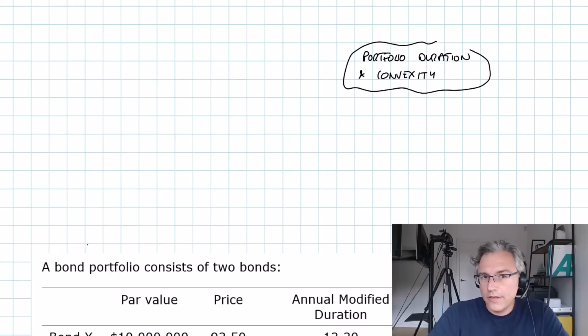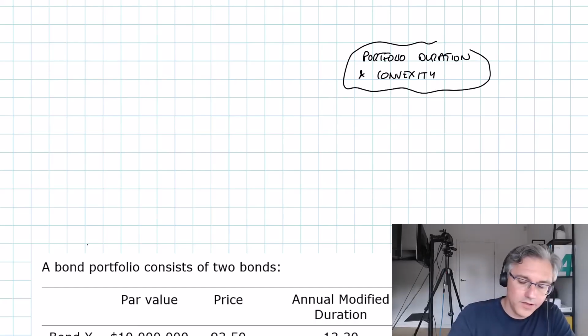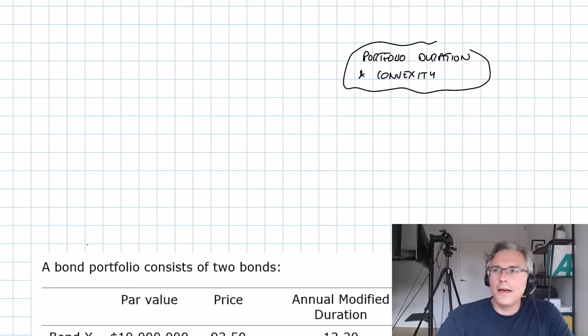In this lesson, we're going to discuss what happens to duration and convexity measures when analyzing not single bonds, but a whole portfolio of fixed income instruments. And there's more than one approach to computing portfolio duration and convexity.